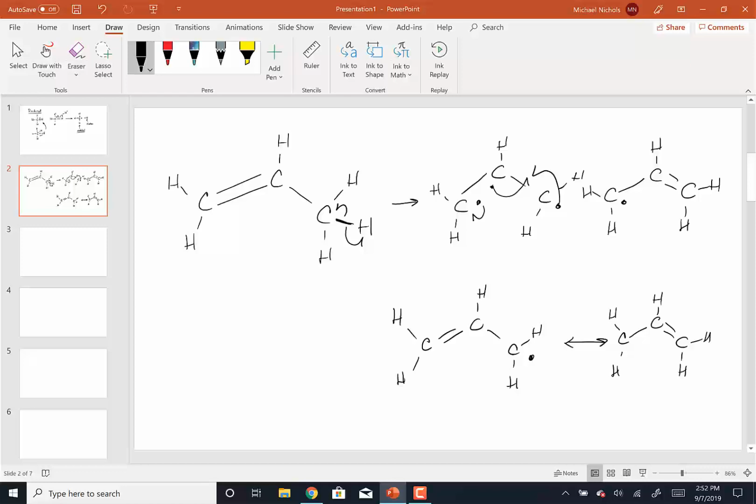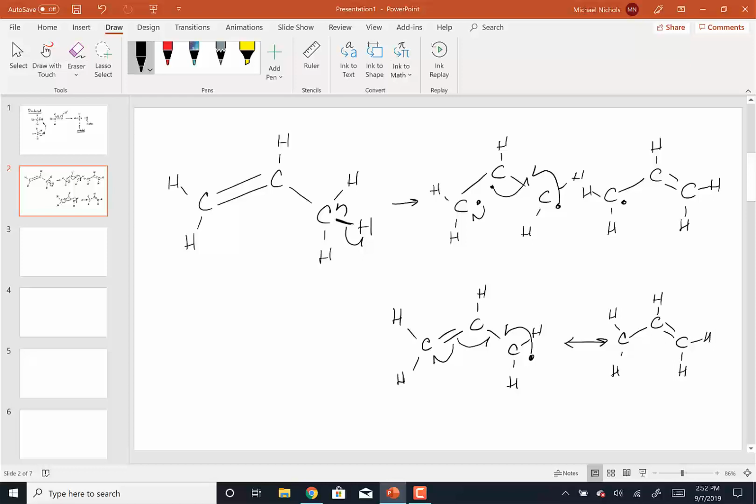And so the way I would show the fishhook arrows to get from the left structure to the right structure is like this. I'm going to take one electron from this double bond, and I'm going to pair it up with that unpaired electron, and then I'm going to take the other unpaired electron in the double bond and move it to that carbon. So that lets me draw the resonance structure on the right.